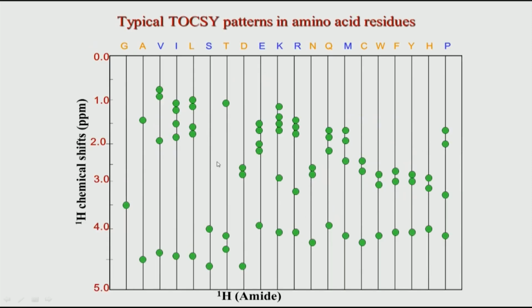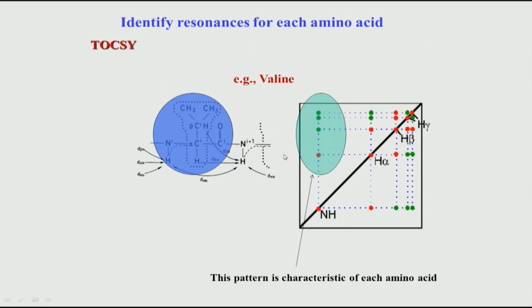So, what is shown here on the x axis is the different amino acids, the 20 amino acids listed on the top, and on the y axis is the proton chemical shift, but only shown from 0 to 5. As in the previous slide, we are looking at this portion shown by this green circle, and it is only the aliphatic portion of the amino acid, and that goes from 0 ppm, which is the top part, to the center, which is around 5 ppm.